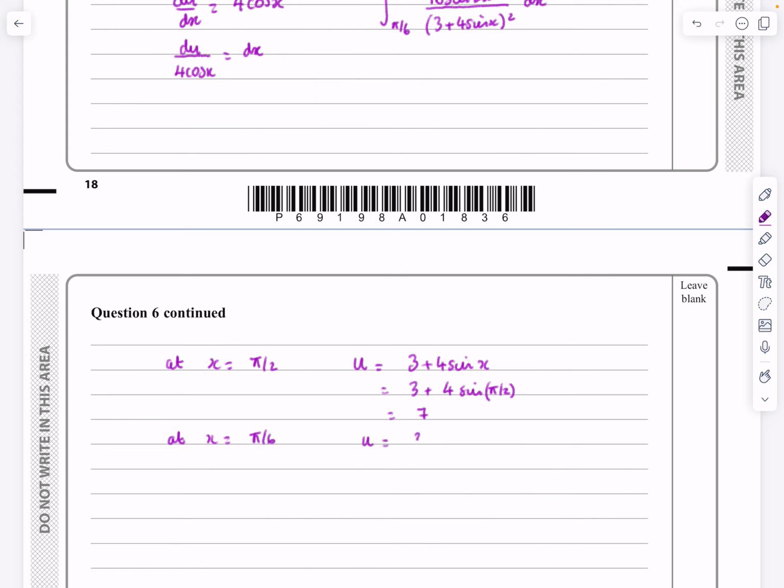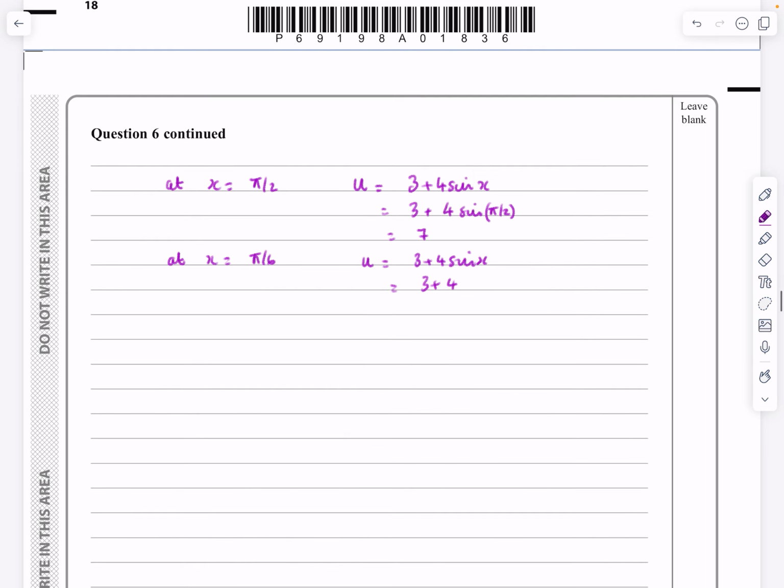We get u equals 3 plus 4 sine pi over 6, so that's going to work out to be equal to 5. So we've got our two limits now, and because they're limits for u, I'm going to call them u equals 7 and u equals 5.